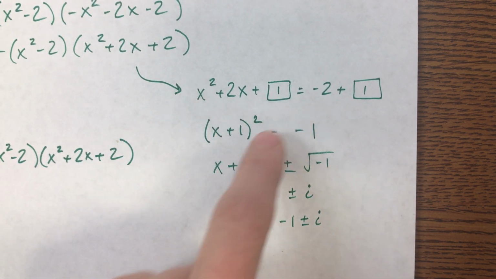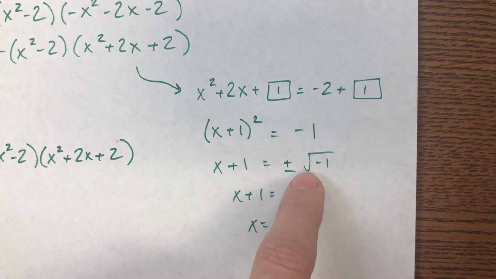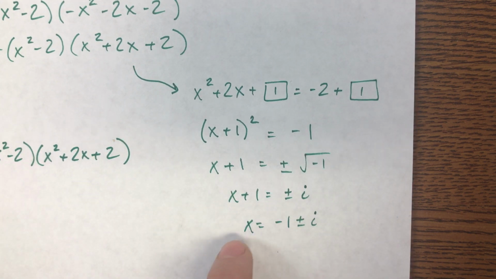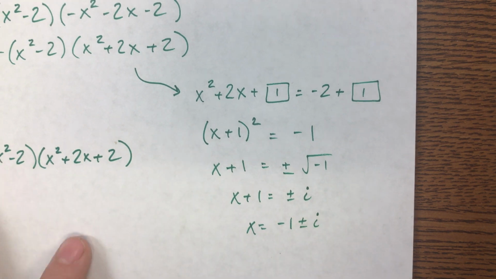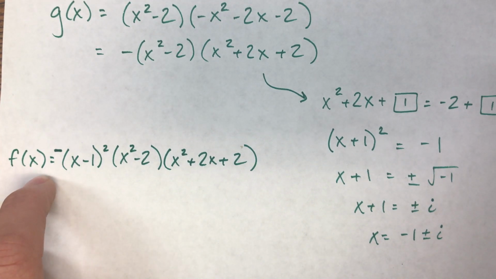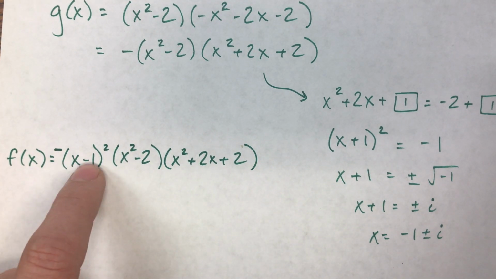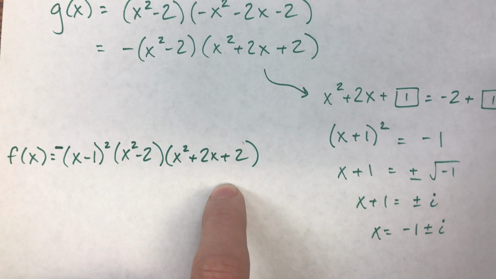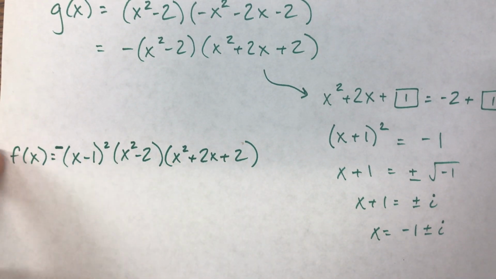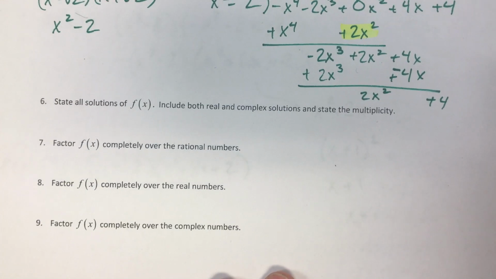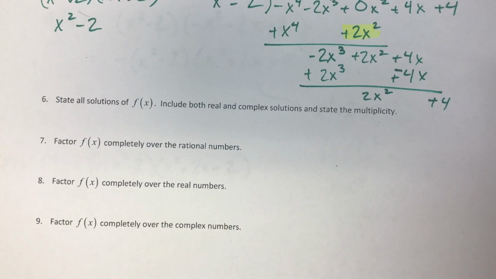So verifying that gave me a plus or minus root negative 1, which is i, and so I ended up getting roots of x equals negative 1 plus or minus i. And so now f of x, which was that polynomial of degree 6, had x minus 1 squared, and it had another quadratic, and then another quadratic. And this is how that factors down. Okay, so when we look back at our directions, so that was what I did without you.